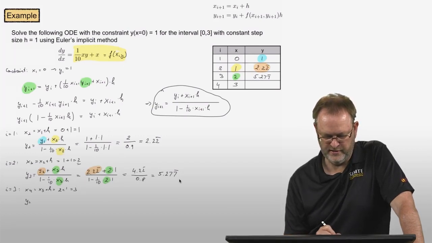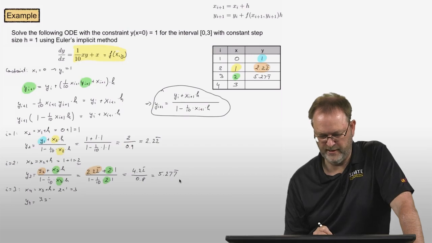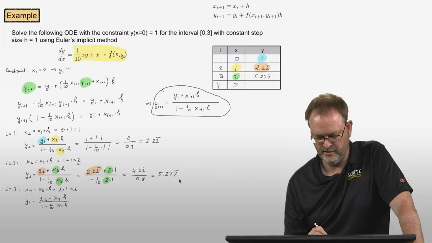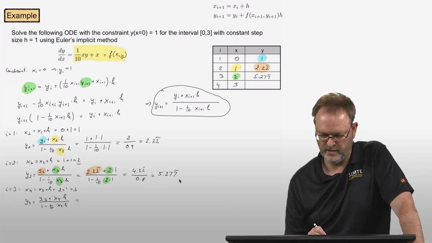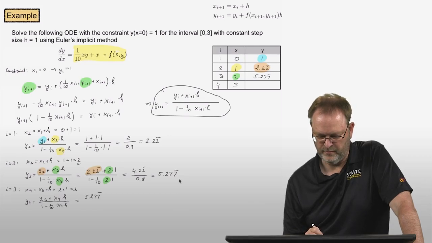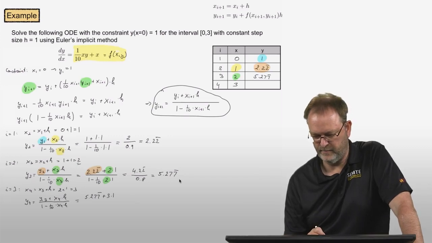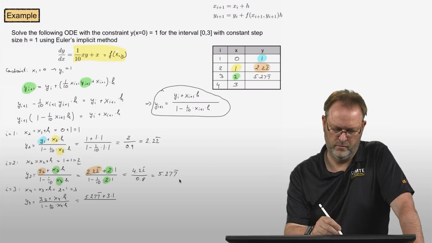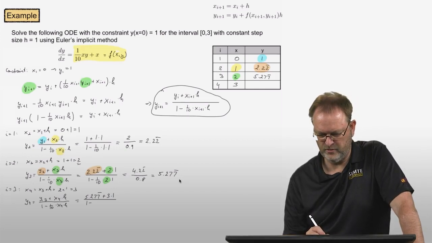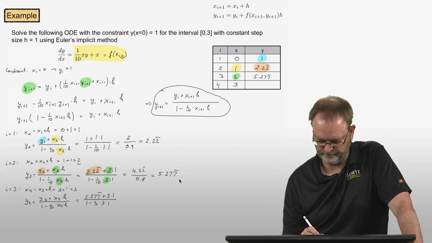And the y4 is equal to y3 plus x4 times h divided by 1 minus 1/10 times x4 times h, which is equal to 5.277 plus x4 is 3 times 1 divided by 1 minus 1/10 times x4 is 3 times 1.